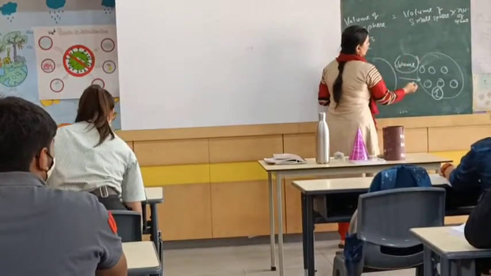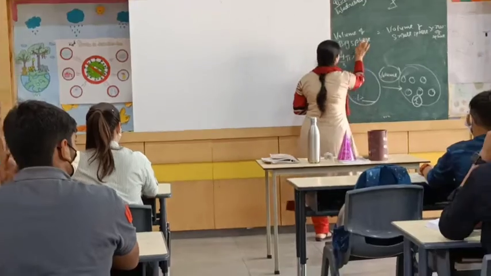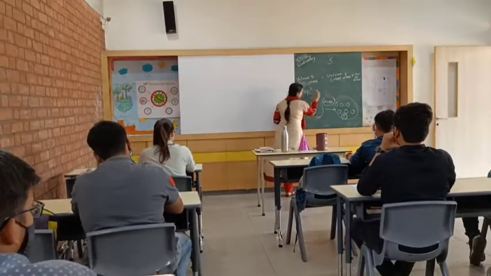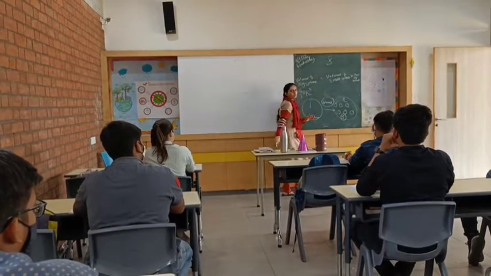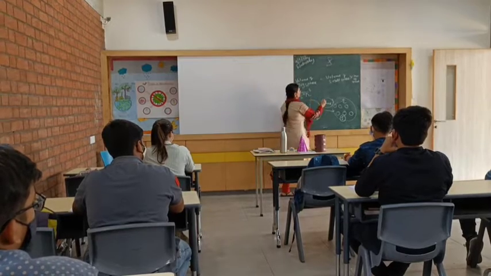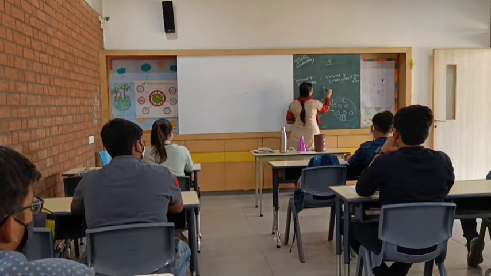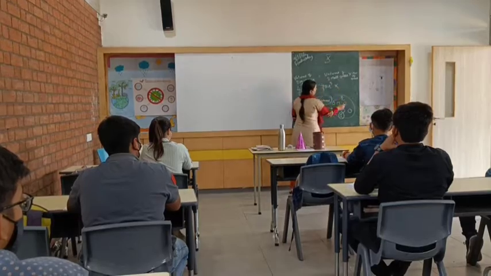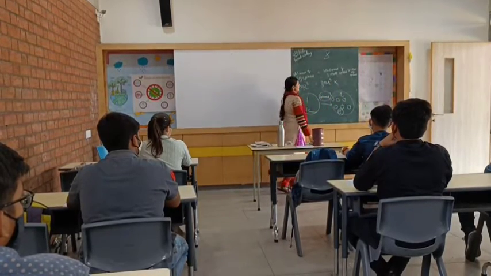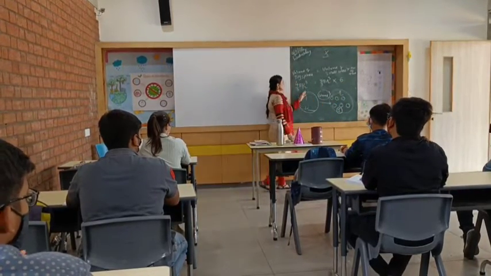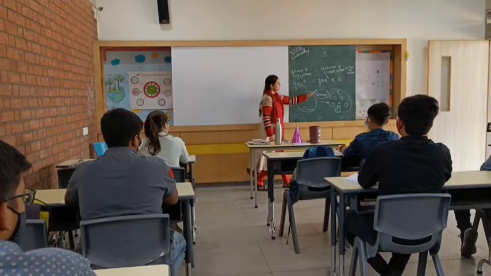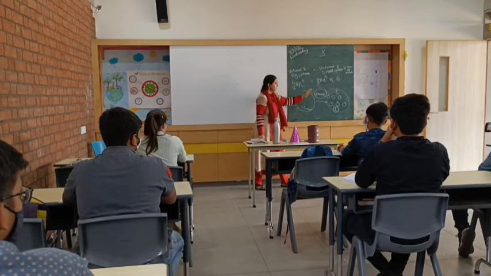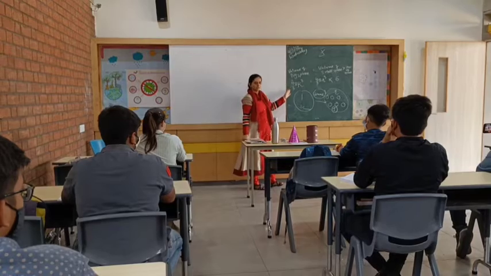So let's say the radius of the big sphere be capital R, and for small we are taking small r, right? So what will we write? 4 by 3 pi r cube multiplied by the number of spheres, 6. You will be given the radius also, and you need to calculate the radius for this. So will you be able to solve this?